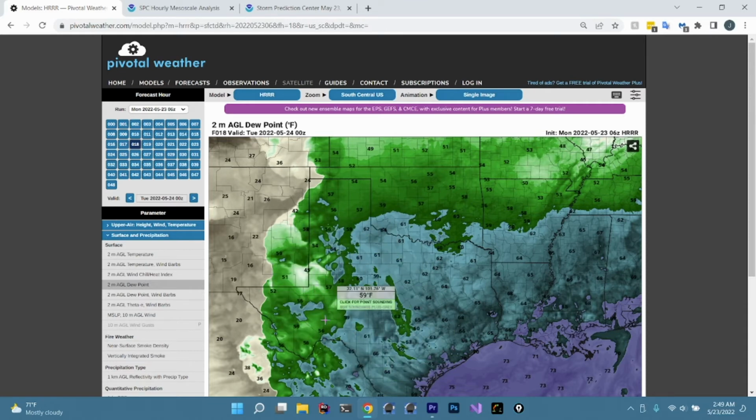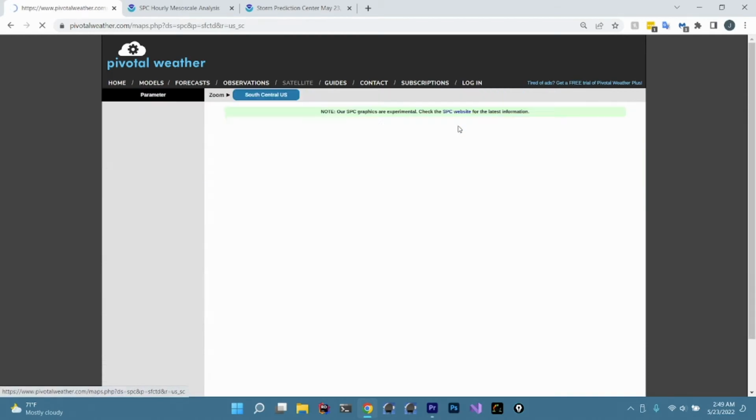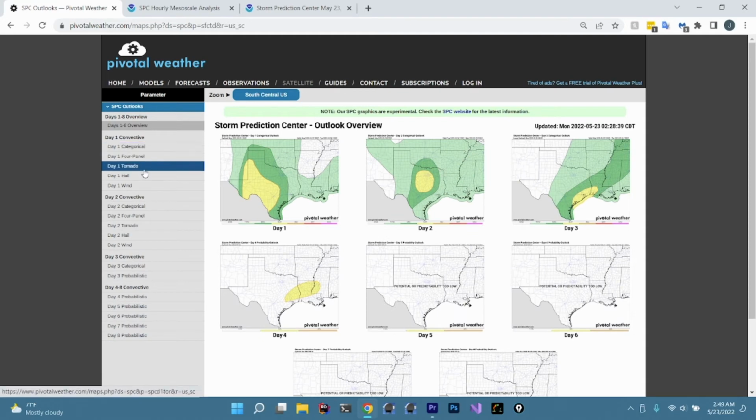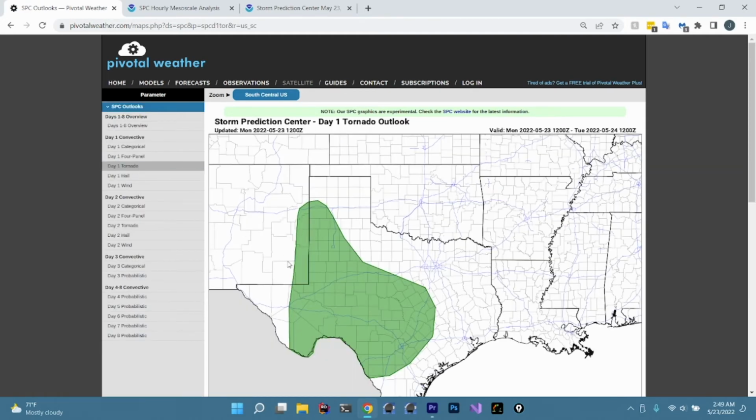And if we were able to overlap the risk area, which I think we can go ahead and do real quick, let's show you the day one tornado. Let's draw. All we have is blue, I guess. So let's draw that. Kind of try to outline this as best I can. That is our 2%.